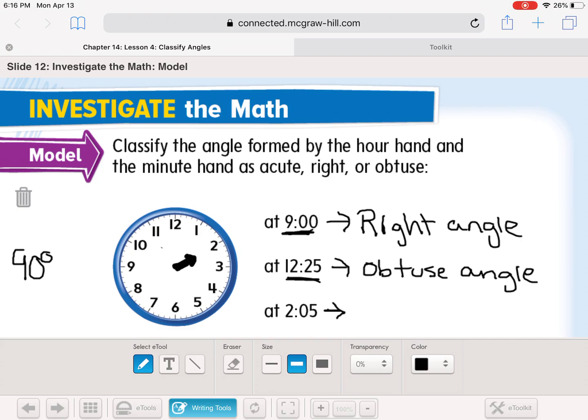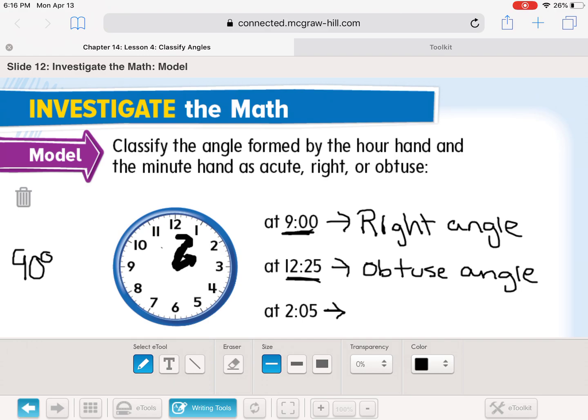Then 05 is going to point towards that 1. So you can kind of see it. Those two lines that meet at that endpoint are kind of small. It makes a less than that L shape.